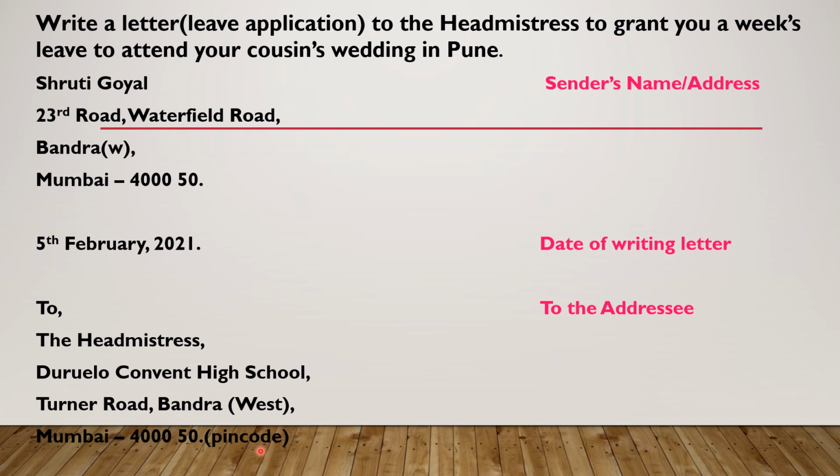I told you the pin code of that particular area. All these things are important, and as far as possible you need to keep the address very short. So this is the addressee to whom you're writing this letter.